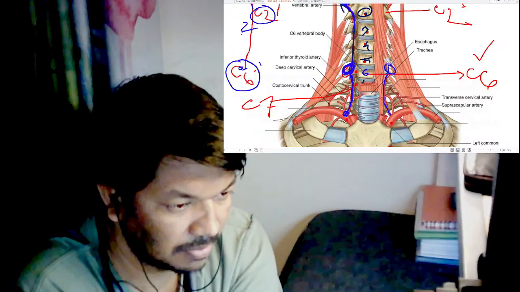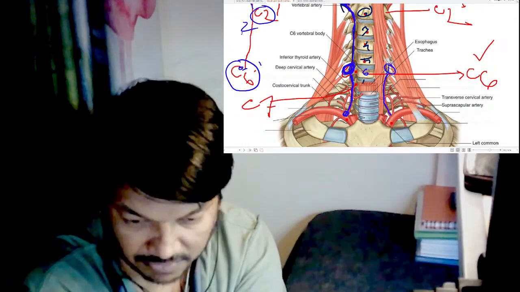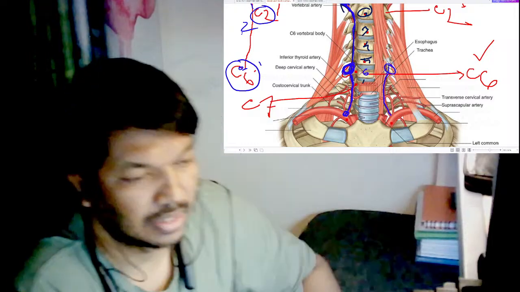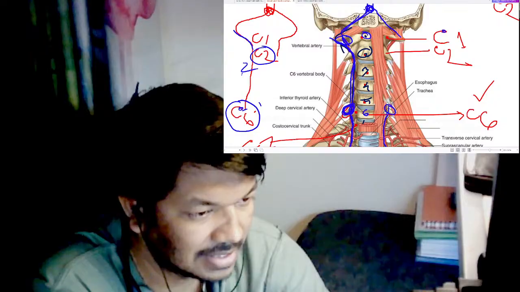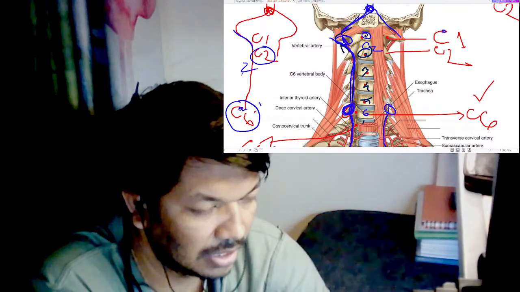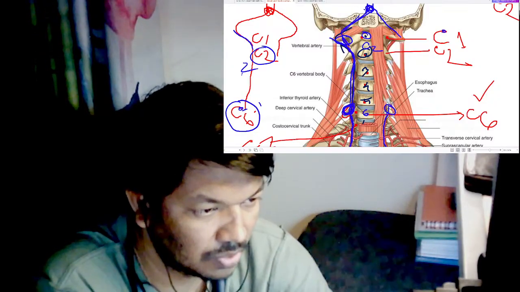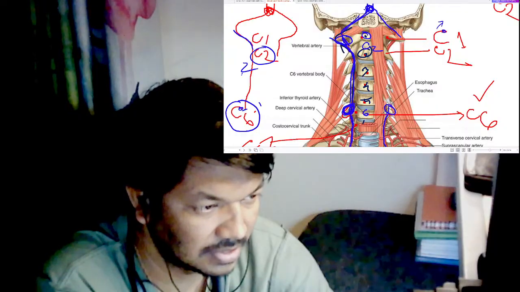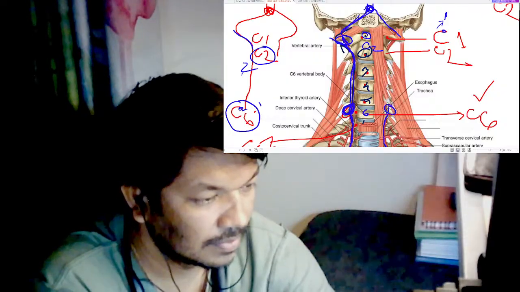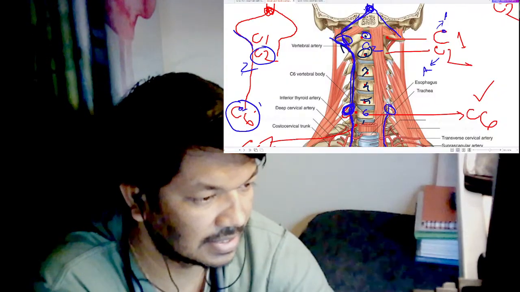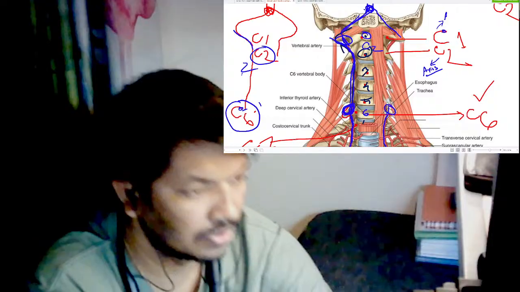This is 5, then it is 6. Then it is going up, ascending and reaching up to C2. C1 is called Atlas. Number 2 is Axis.